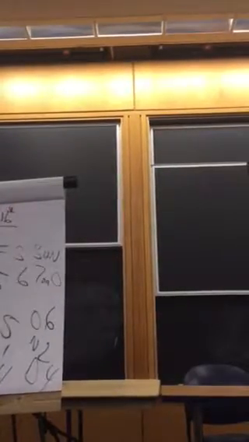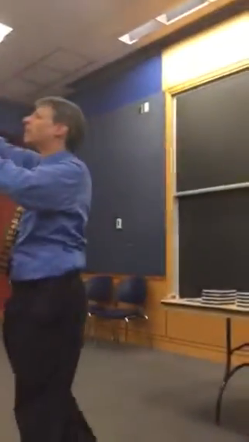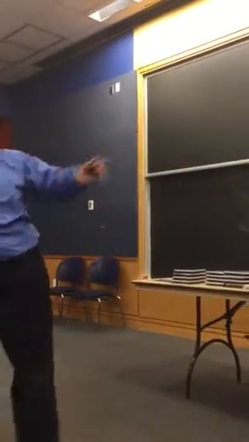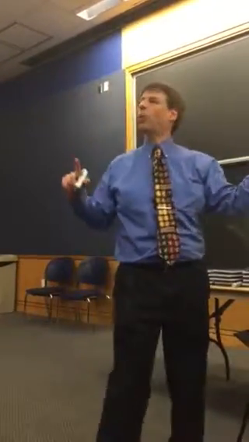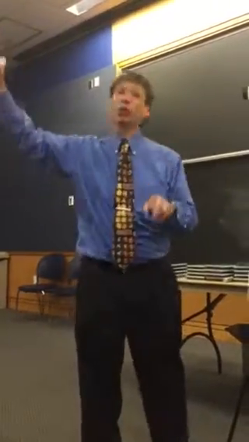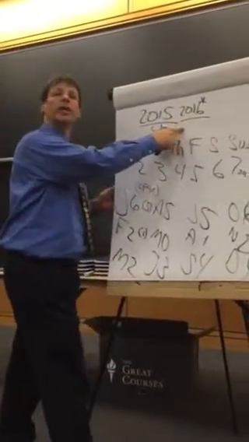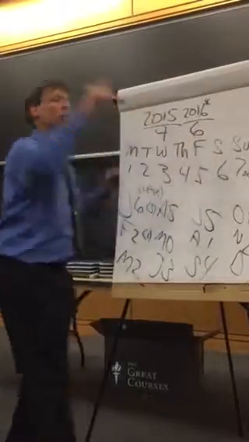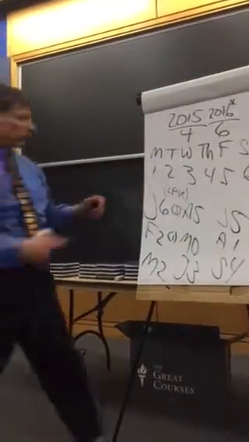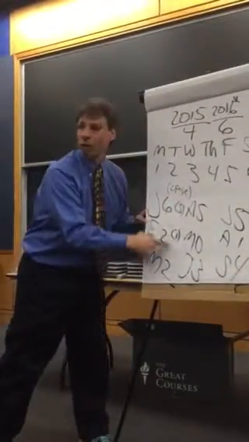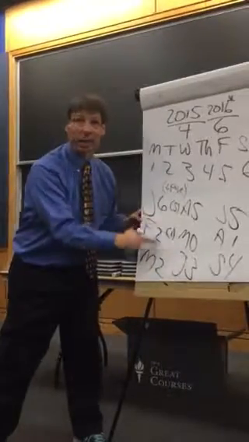So for 2016, is 2016 a leap year? Yes, it is. So that means there are going to be 366 days between your birthday. So instead of bumping this year code up by 1, it goes up by 2. So what should the year code be for 2016? 6. Notice if you were born in January or February, I subtract 1 off the month code to take that into account.